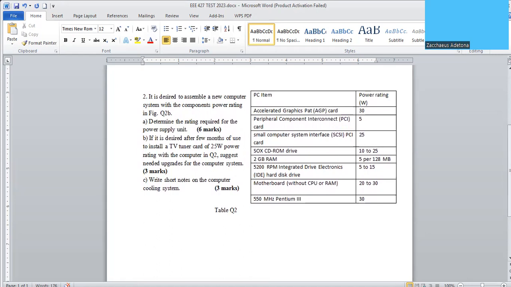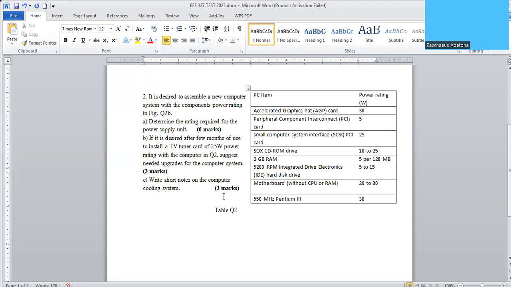So we want you to look at the table and check out the question. There are 3 questions on it. The question is about assembling a new computer system, and then we want you to decide by calculation what wattage of the power supply unit is needed.